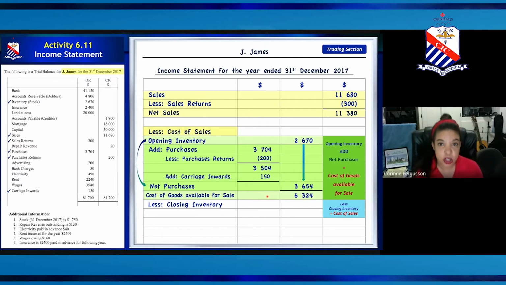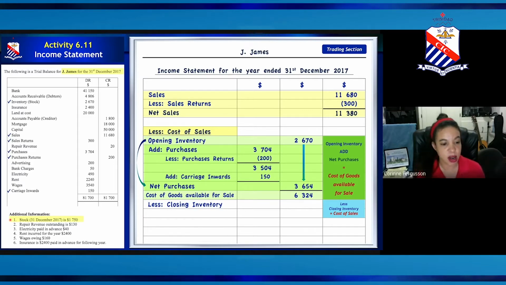And where do you find your closing inventory? In your notes. So down below here, you see where this animated man is looking. And right in your notes there, closing inventory. See down below here, highlighted for you, that is your closing stock.